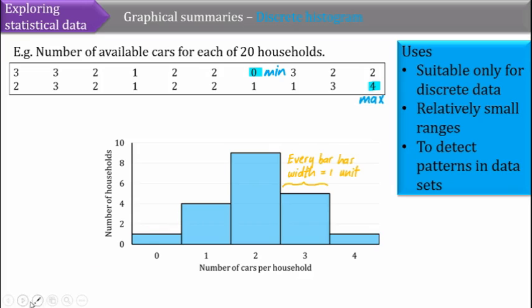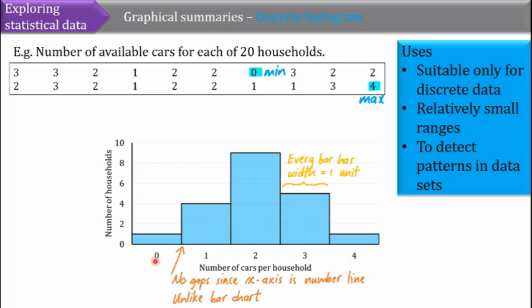Now, the difference between a bar chart and a histogram is that for our discrete histogram, every bar has a width of 1 unit, and there are no gaps between the bars because the x-axis represents the number line. Whereas in a bar chart, we have categories.